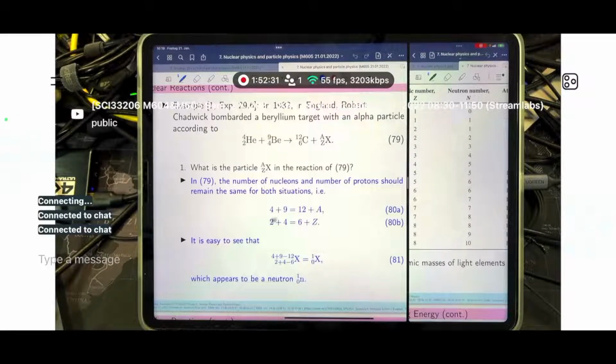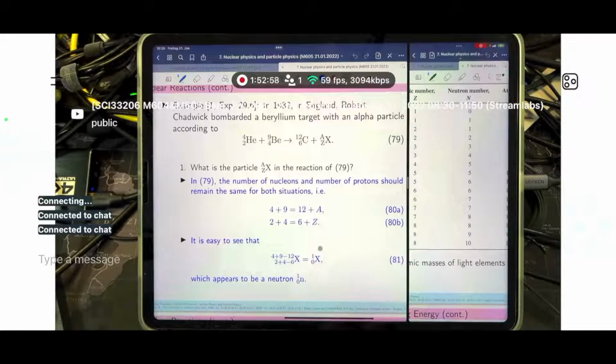It's quite simple: 4 plus 9 is 13, and 13 minus 12 gives A equal to 1. And 2 plus 4 becomes 6, and 6 minus 6 is 0. So we end up with the particle X with A equal to 1 and Z equal to 0.